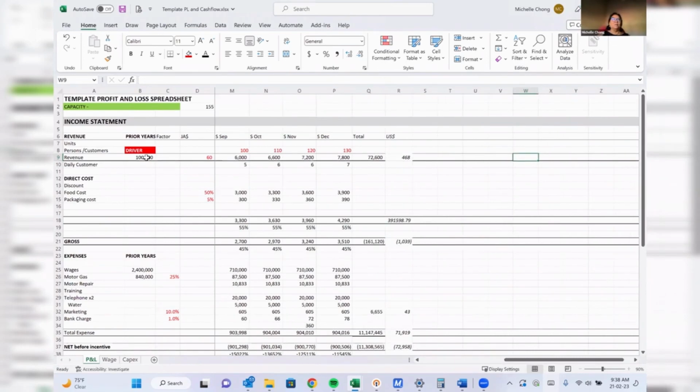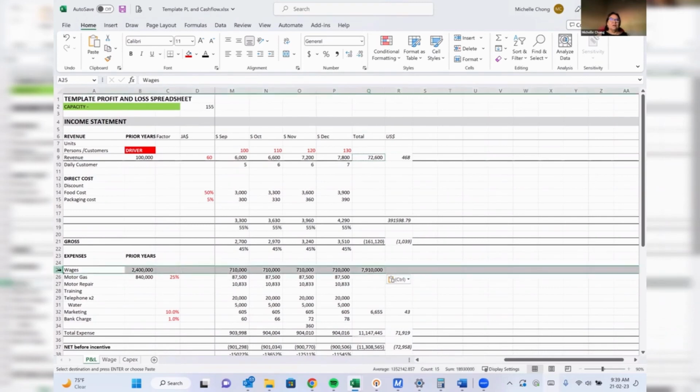So I like the comparison in a prior year column on your budget. Okay, so likewise, let me just copy, Control C, paste, Control V. So I can see that last year I spent $7.9 million on wages, and here I am spending 2.4 million this year. What is the strategy to bring your wages down?